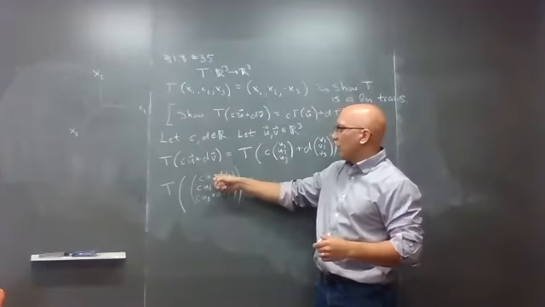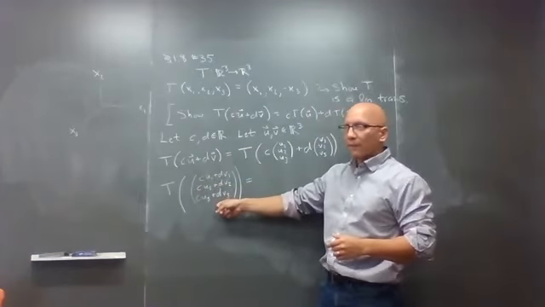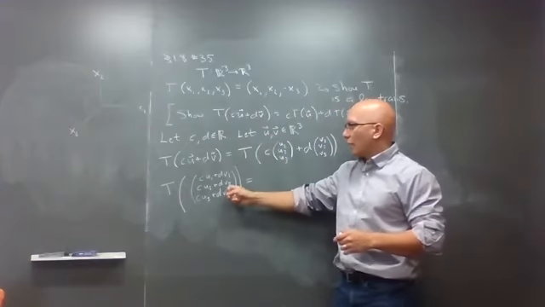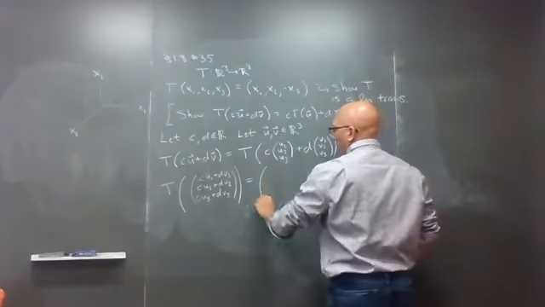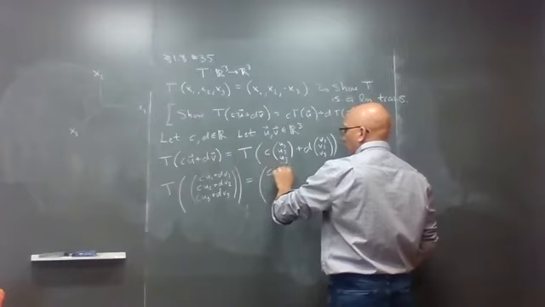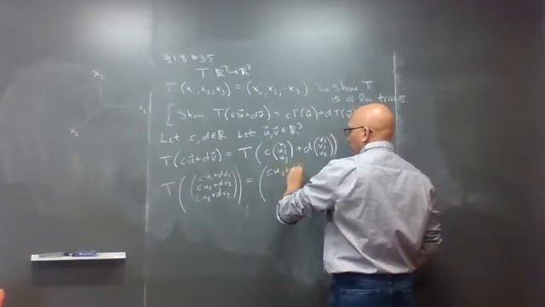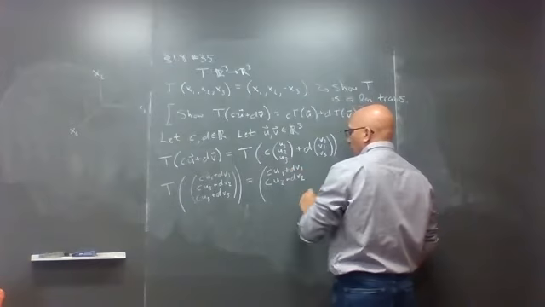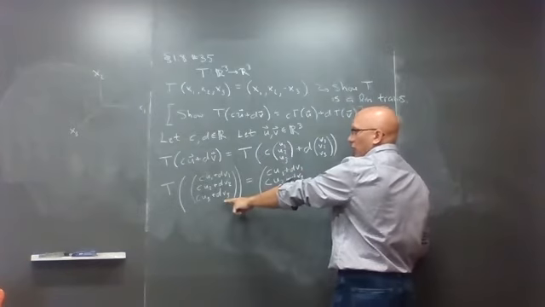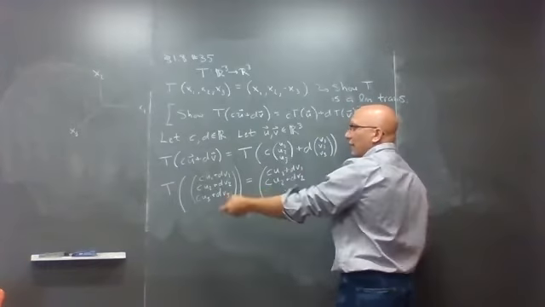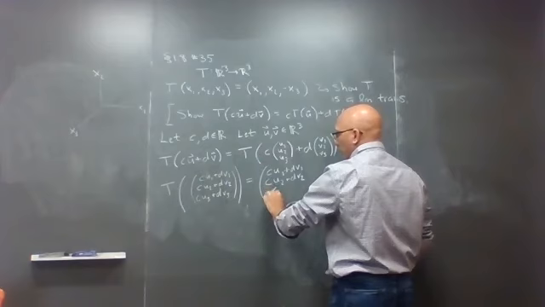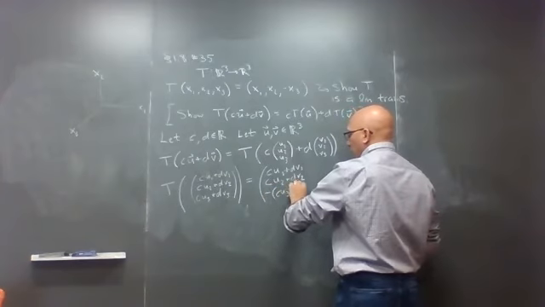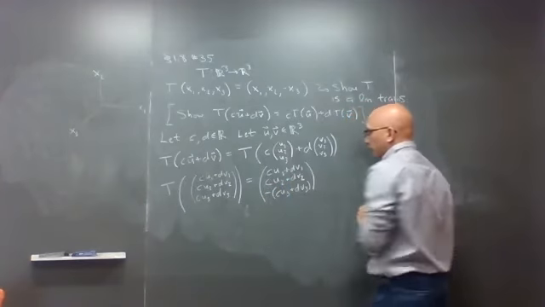Now T is being applied to this 3-vector, and I have a formula for what the output should be. The output of this function should be cu1 plus dv1, cu2 plus dv2, and the last component should be the same quantity, but with a negative sign in front. So negative, cu3 plus dv3.